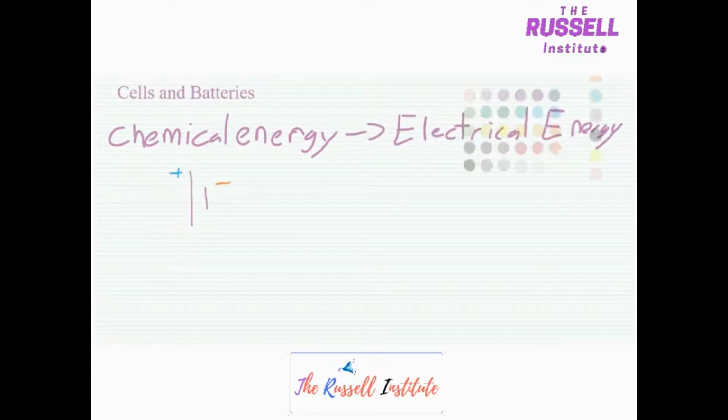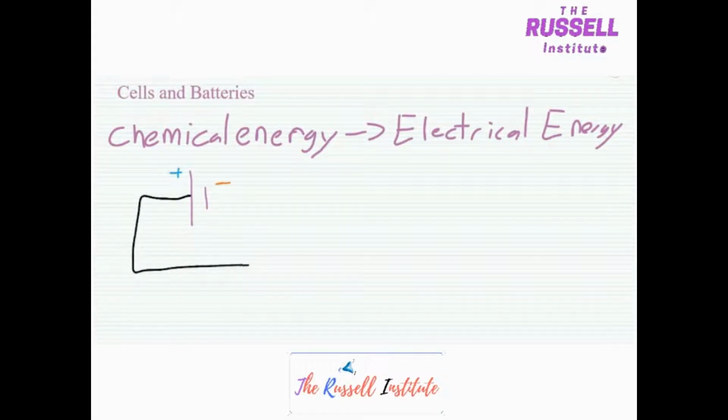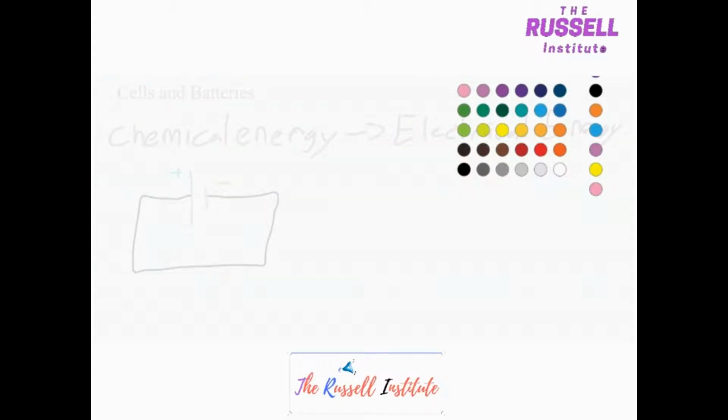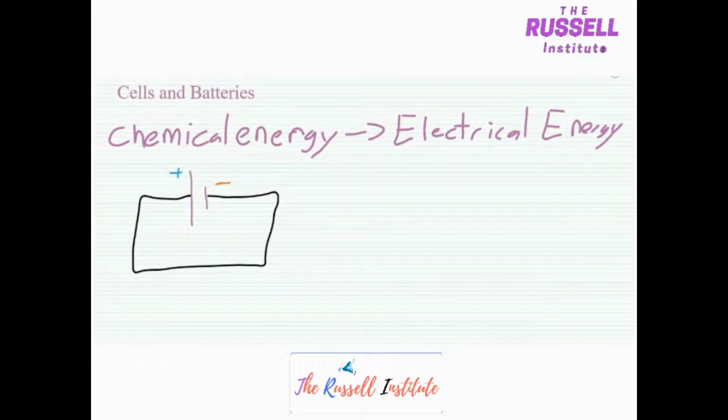Now, what does that really mean? Well, what it means is if I am to connect this thing and make an entire circuit, it means that the current, which is what we call electricity, is going to flow from the positive terminal, from the positive side of the cell, and it's going to go all the way around to the negative side.